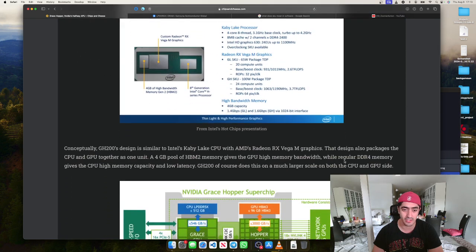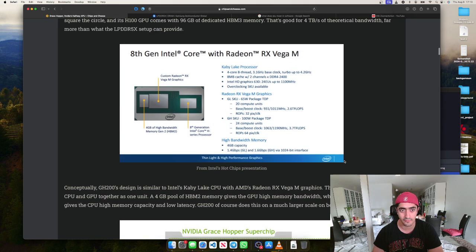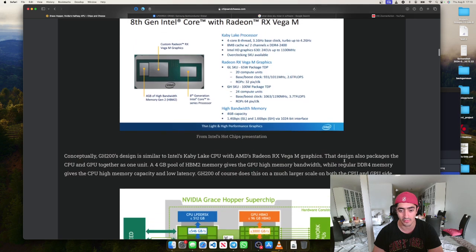Okay, so is this the CPU that's on there? I'm not sure. Maybe. Not sure. Oh no.